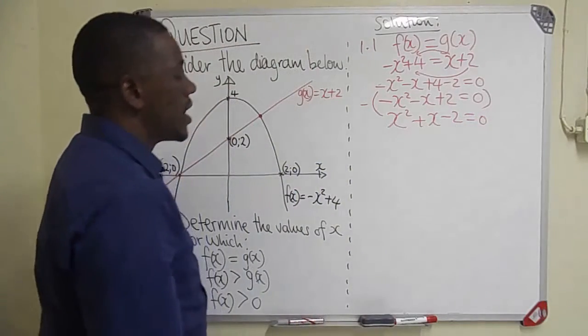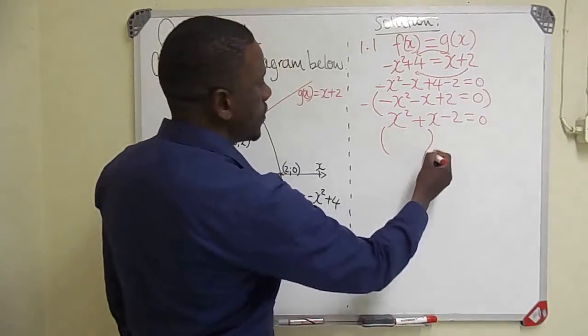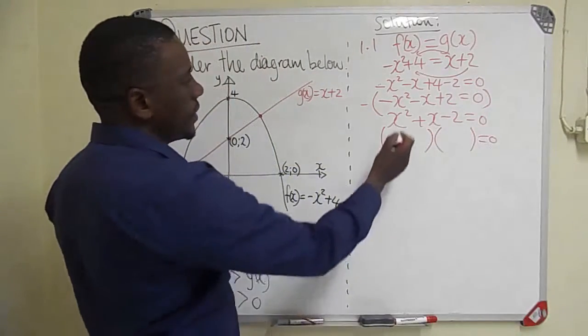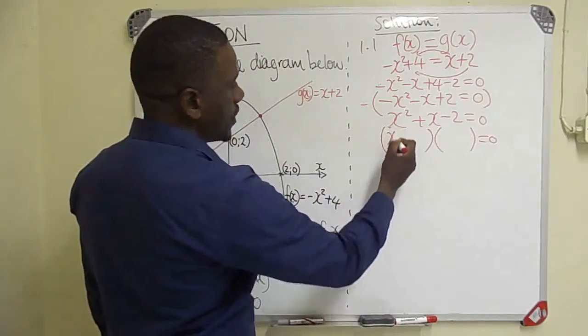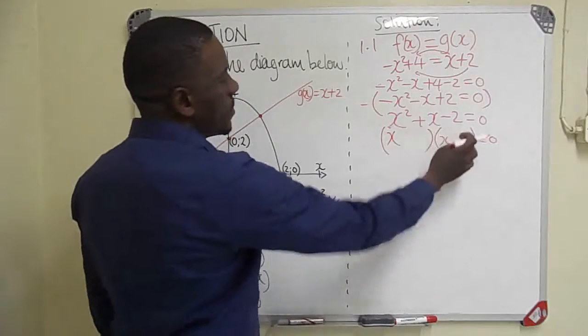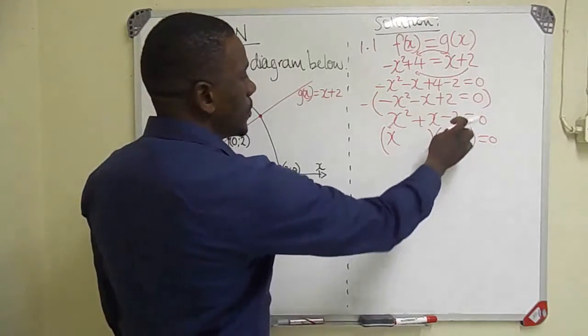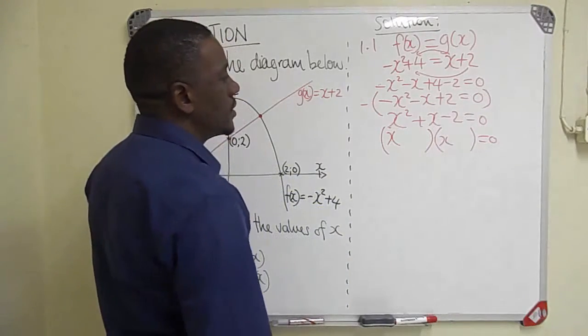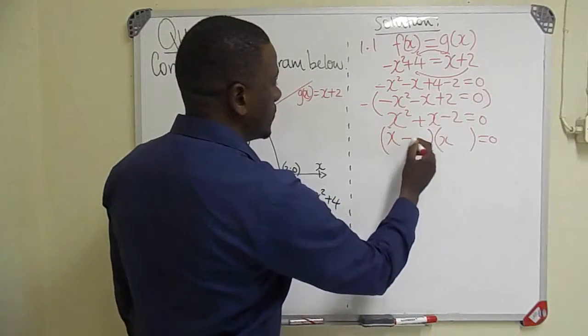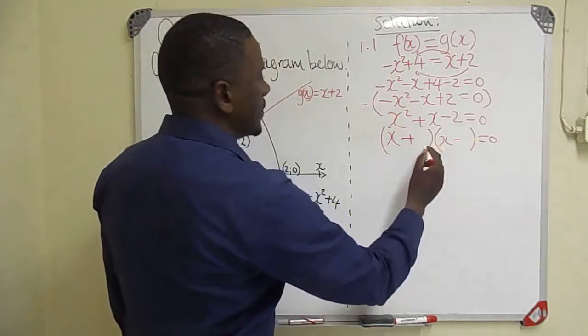So from here, we need to factorize. So here we have x, so it's x here, x there. We have negative 2. The signs inside the brackets are different. The factors of 2 are, since there is a negative, a plus and a minus.